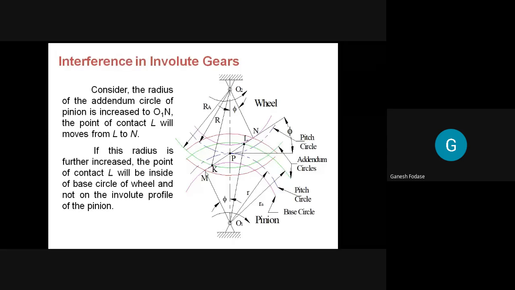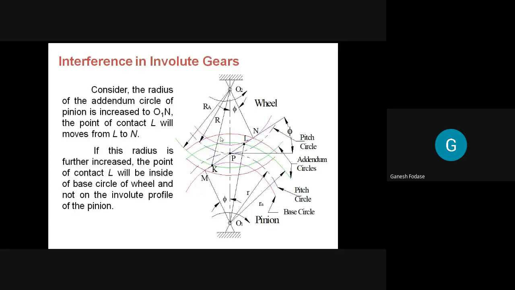So it is tangent to the base circle at points M and N. KP can be extended to MP, while PL can be extended to PN. So the maximum path of approach is MP, while the maximum path of recess is PN. If I consider this green addendum circle, the addendum radius is O1L. But here one more is considered, which is O1N. What these two addendum circles are, we'll discuss later.